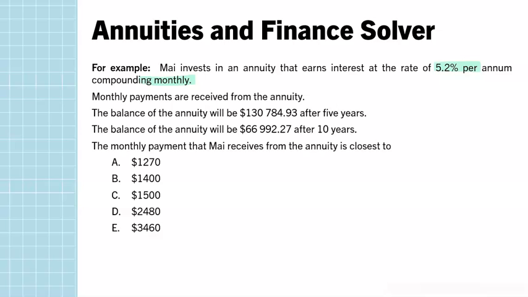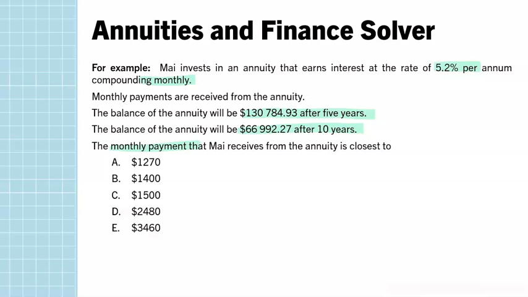The monthly repayments are received from the annuity. The balance of the annuity will be $130,784.93 after 5 years. The balance of the annuity will be $66,992.27 after 10 years. The monthly payment that May receives is closest to.